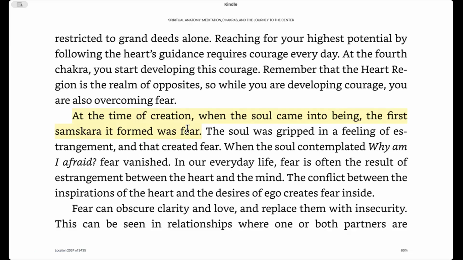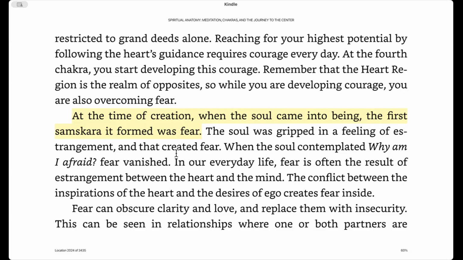So the soul was gripped in a feeling of estrangement and that created fear. Estrangement is being alone. It has become the stranger. It's separated from its creator. So when the soul contemplated, why am I afraid? Fear vanished.